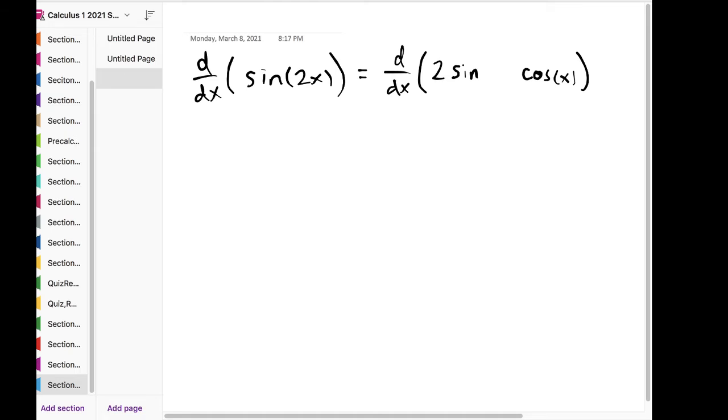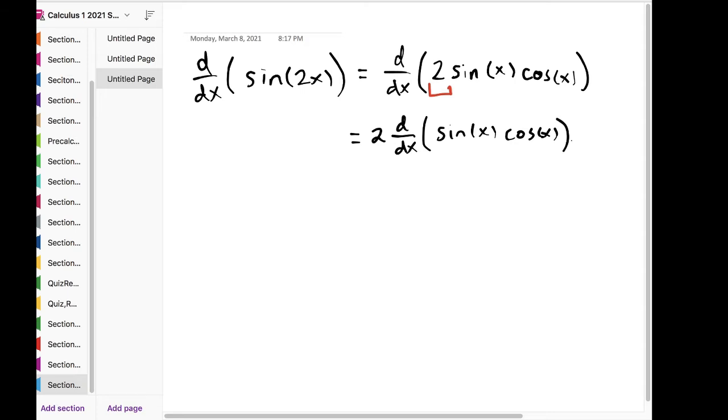An often overlooked rule. Anyone? Yeah, we can use the constant rule, right? Since we have a factor that's a number, a constant, we can take that out and treat this just as 2 times whatever the derivative of sine times cosine is.